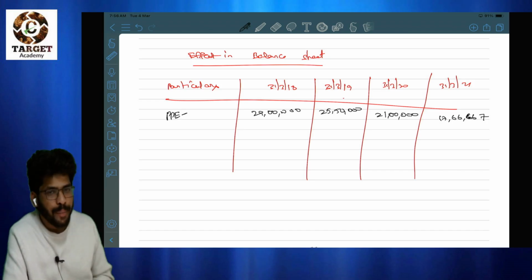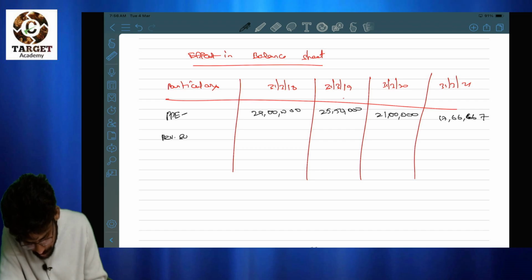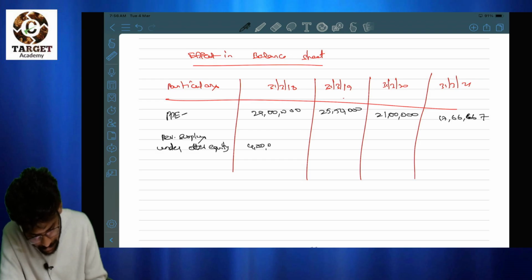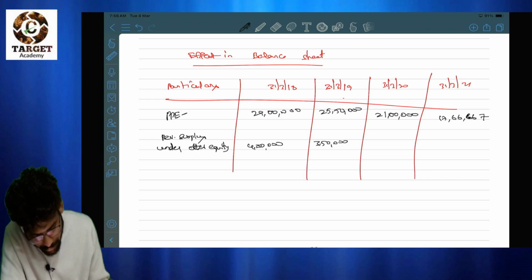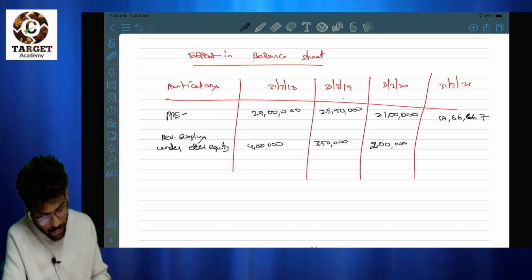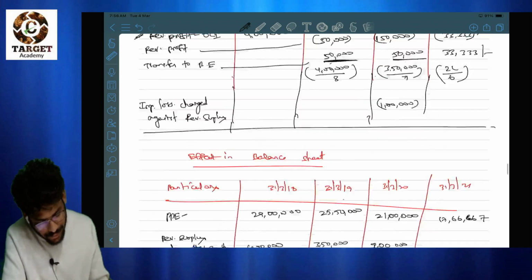Next, the revaluation surplus OCI balance should also be shown under other equity. First year the balance is 4 lakhs under revaluation surplus. Second year 50,000 reduced, which means the balance is 3 lakh 50,000. Third year 3.5 lakhs minus 50,000 minus 1 lakh is 2 lakhs. What is this 1 lakh? Impairment loss.